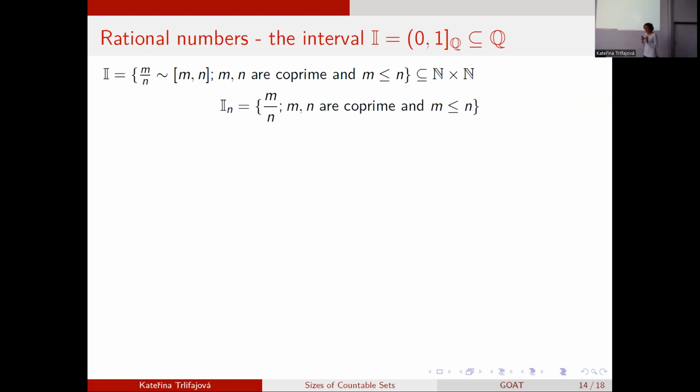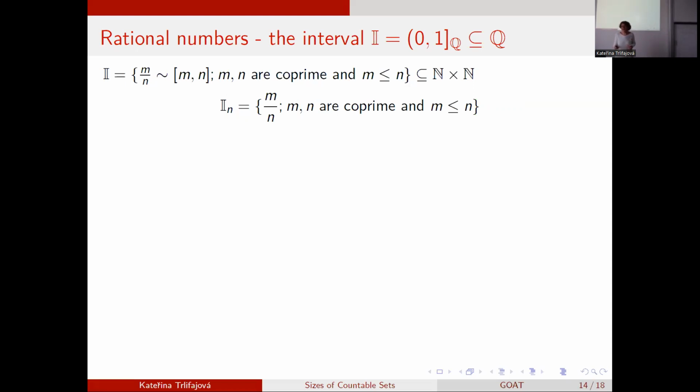So we start with the unit interval of rational numbers, and it is a subset of n times m, natural numbers by natural numbers, and we already know how to arrange Cartesian products exactly by this.